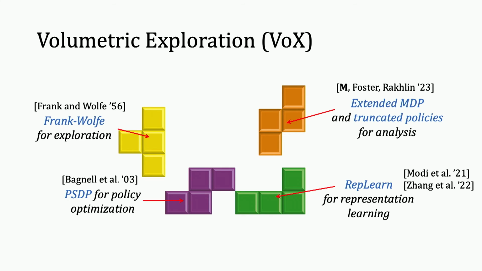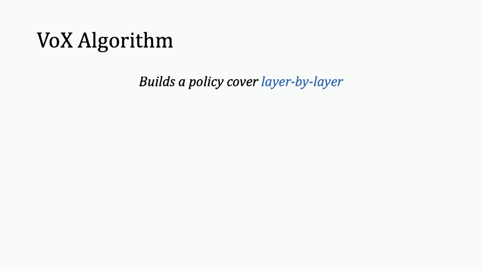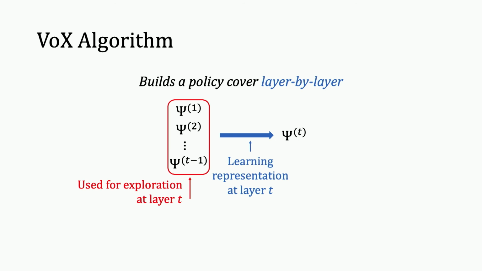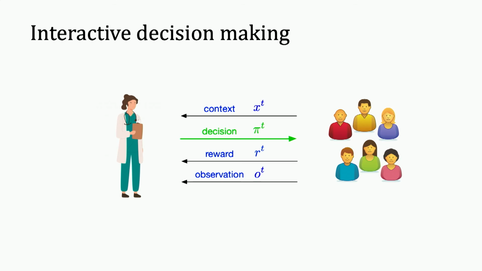There is a certain technique for making sure that we don't care about states that we're not likely to reach anyway, and that's by the use of extended MDPs. And there's a rep-learn method that was developed before for representation learning. So all of these come together for a polynomial and efficient method. I'm going to skip the detail in the interest of time.